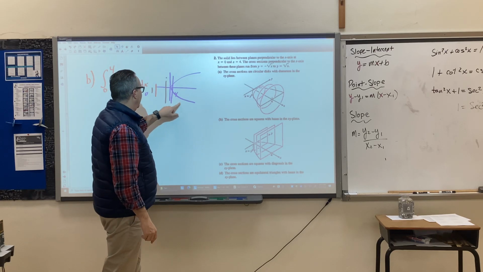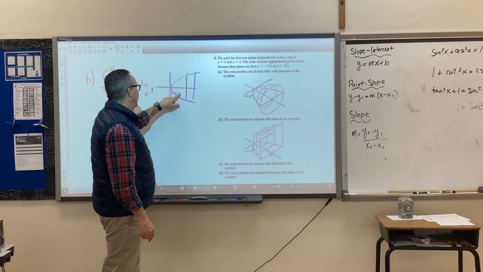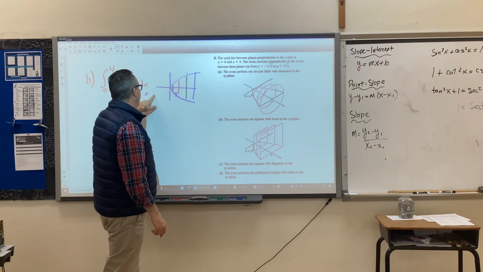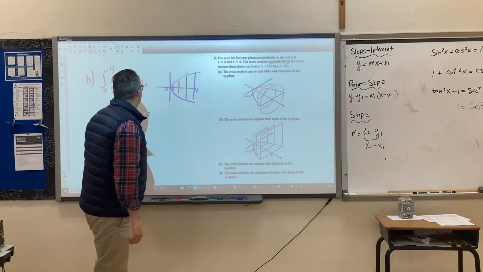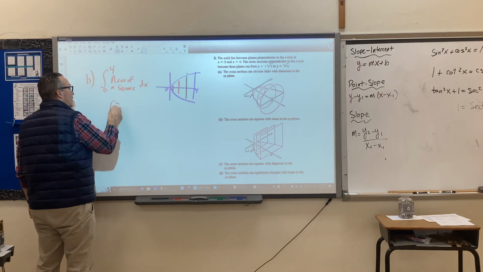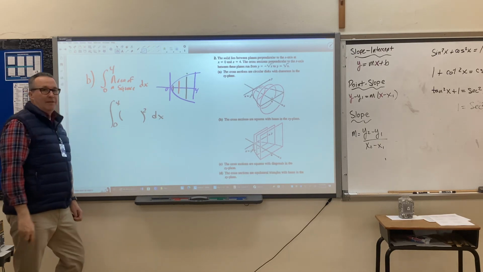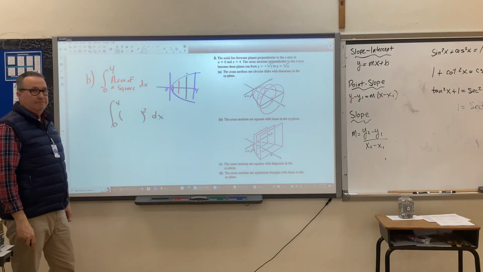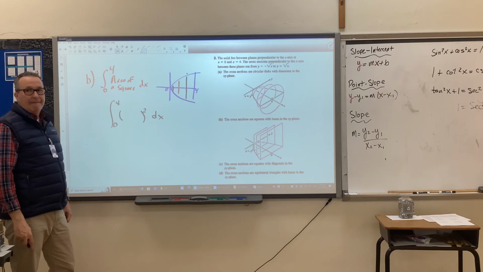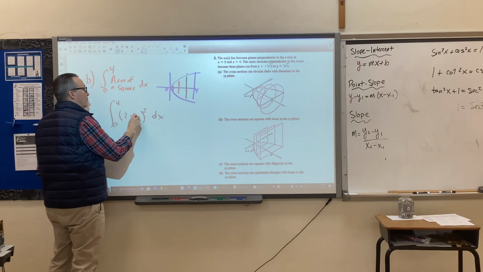What's the area of a square? It's side length squared. So we're just going to integrate from 0 to 4 side squared. And what's the length of one side? 2 times the square root of x.